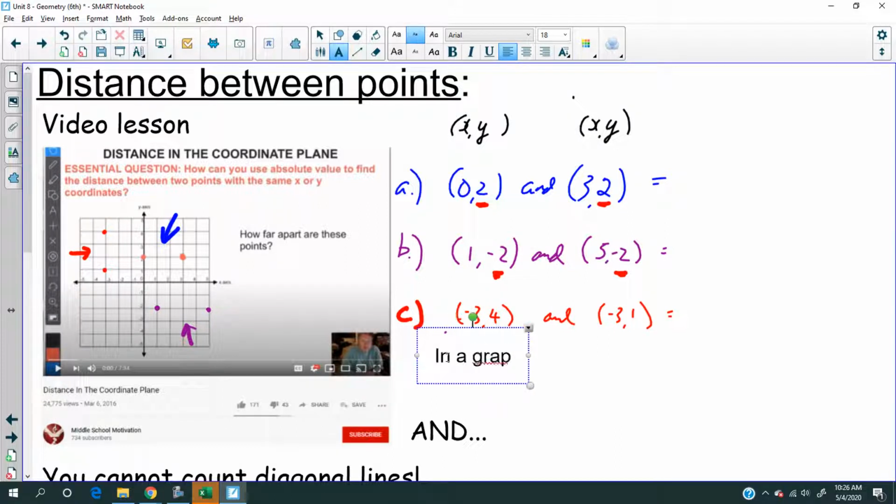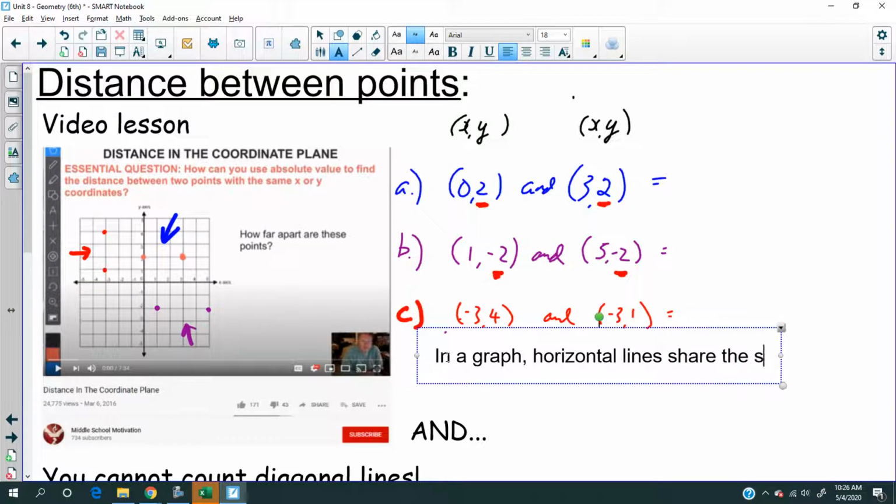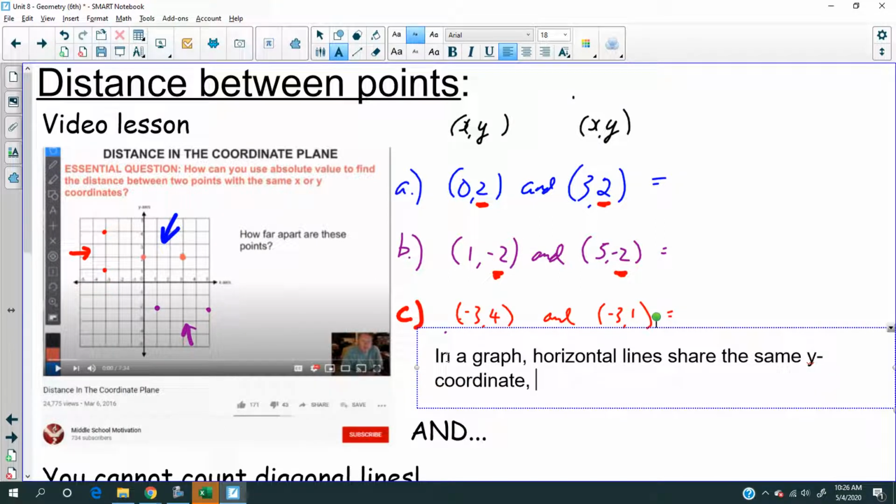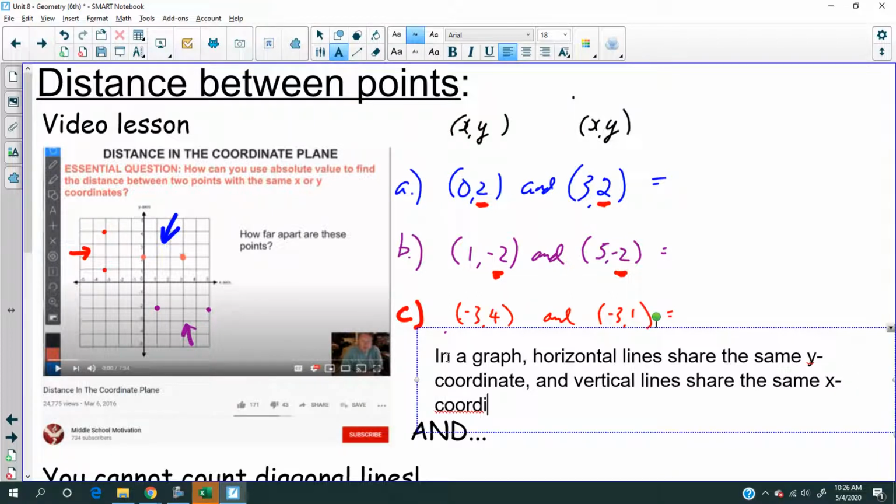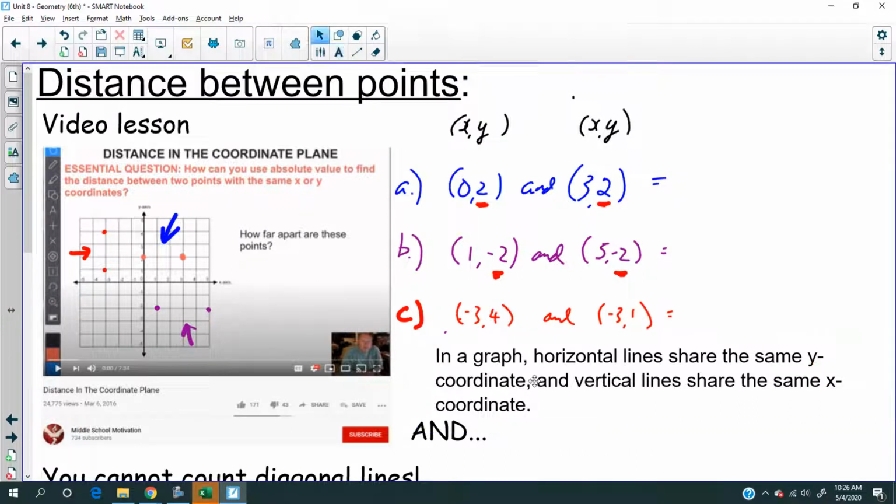In a graph, horizontal lines share the same y coordinate, and vertical lines share the same x coordinate. So you might want to write this down.